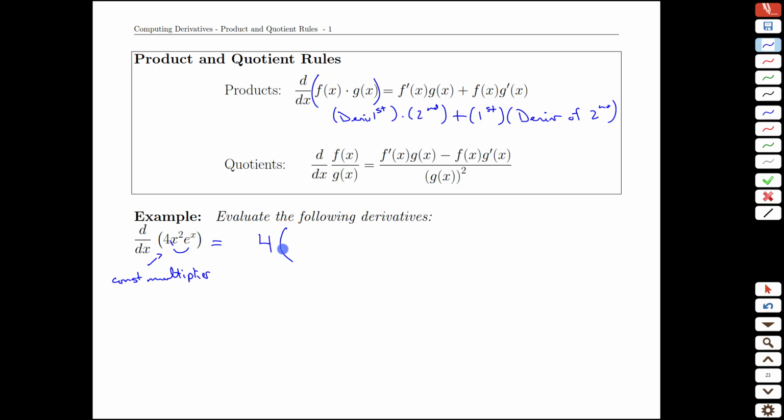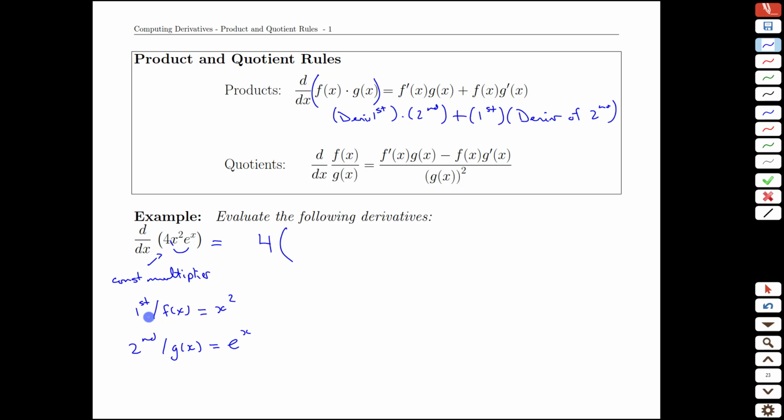The easiest way to do that is to put a 4 and then a parentheses, and then do all the derivatives of the inside terms next. Looking at our formulas here, our first function, or what we call f of x, in the formula up here is our x squared. The second function, or the g of x in the formulas above, is e to the x. Now we can apply our product rule here and see how the derivatives work out.